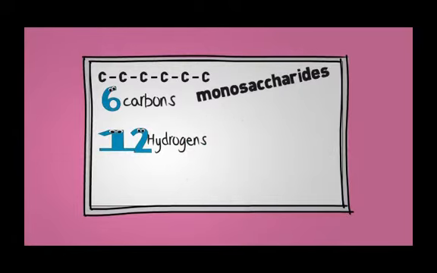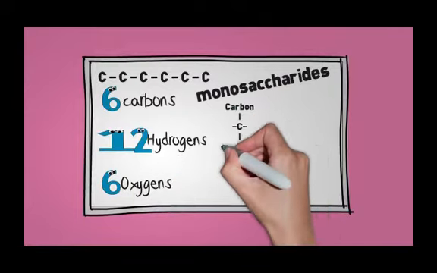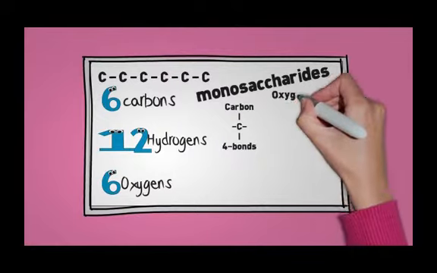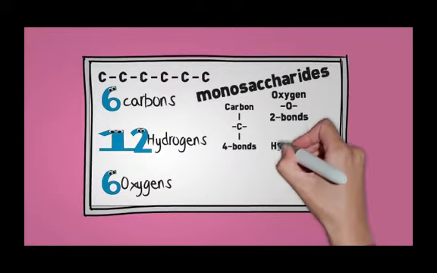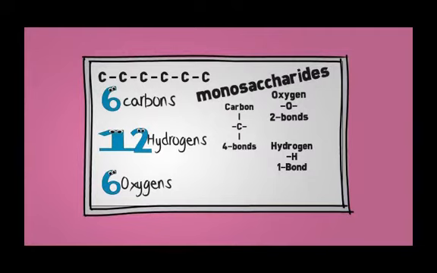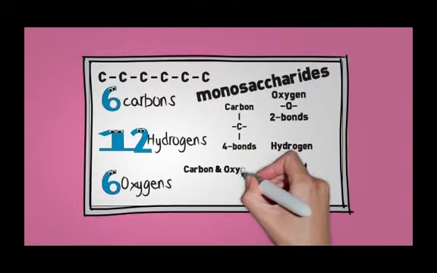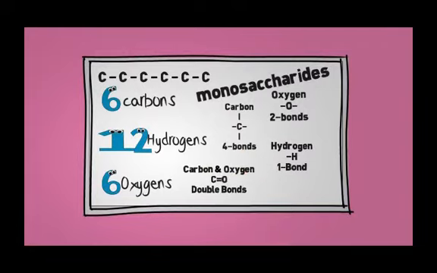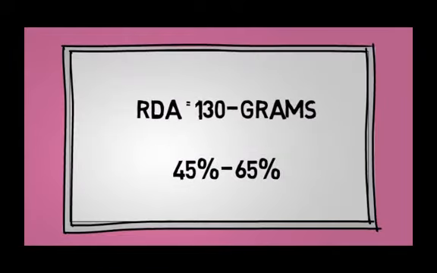Due to the number of electrons in carbon, each carbon atom typically forms 4 bonds. Likewise, each oxygen atom forms 2 bonds, while each hydrogen atom forms 1 bond. Carbon and oxygen can also form double bonds that take 2 bonding positions.